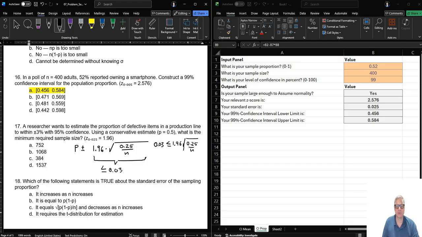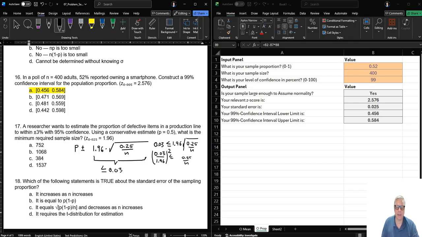Okay, so what we can do is solve for n. The first thing we do is divide both sides by 1.96. So now we get 0.03 divided by 1.96 is less than or equal to the square root of 0.25 over n. Now let's square both sides, so I can get rid of the square root, and on the left side I need to square that.